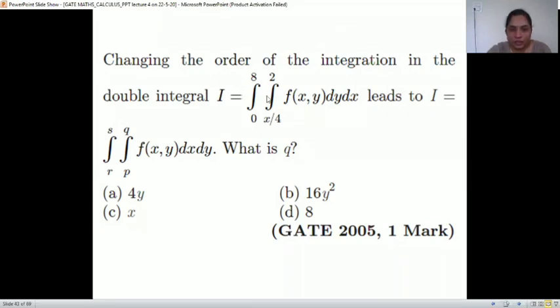For you, I'll tell you again, these are limits of y. So y is x by 4, y is equal to 2, x is 0 and x is equal to 8. Draw them and then find the region and draw a strip parallel to x, find the lower and upper limit, rotate the strip, find the lower and upper limit and write the changed order of integration. And in that, you have to just tell me q. And q is nothing but, I think, in the changed integration, the upper limit of x.